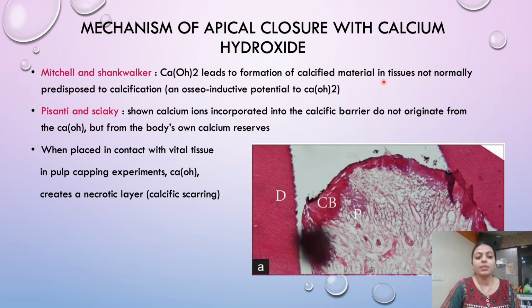Pisanti and Sciaky showed that the calcium ions incorporated into the calcium barrier which is formed do not originate from the calcium hydroxide material used, but from the body's own calcium reserves. When placed in contact with vital tissues in pulp capping experiments, calcium hydroxide creates a necrotic layer, or calcific scarring, as it is called.